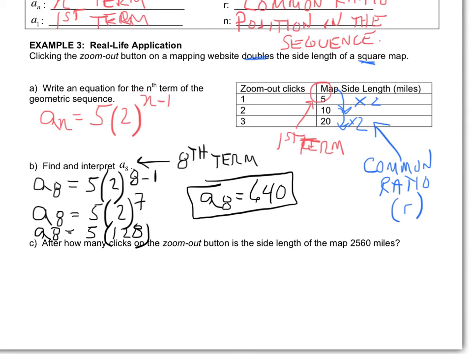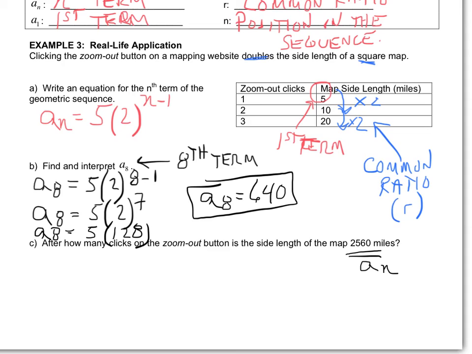So about how many clicks on the zoom button is the side length of a map that is this many miles? Okay, well, that basically is saying we want to know what is that. So instead of me having the term number, we're trying to figure out what is the term number.